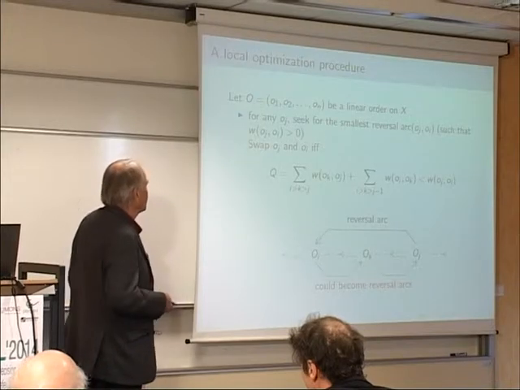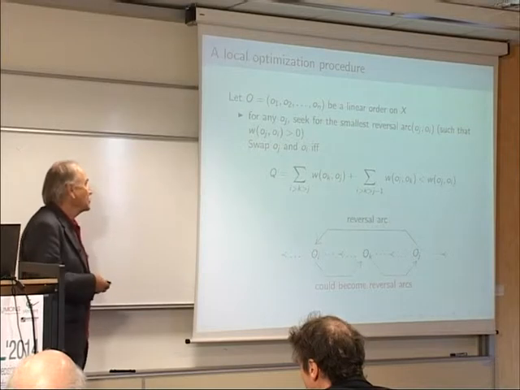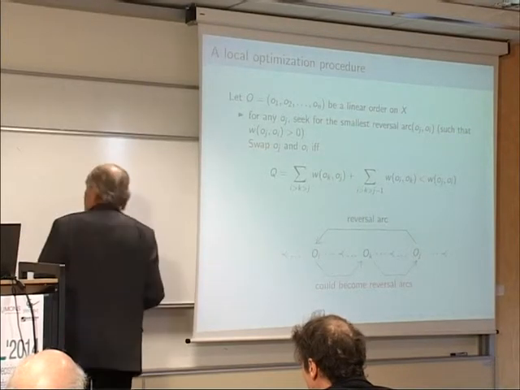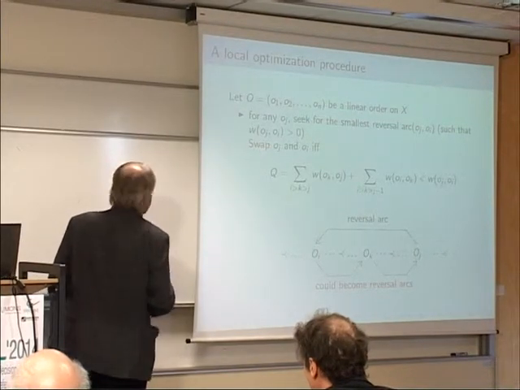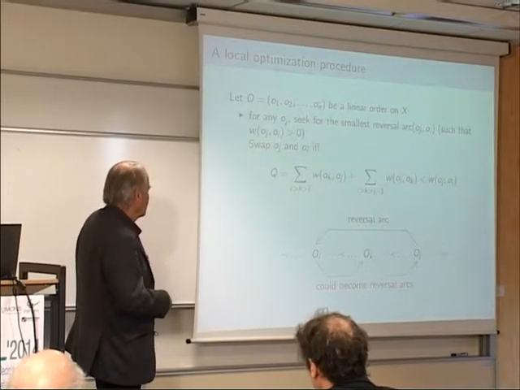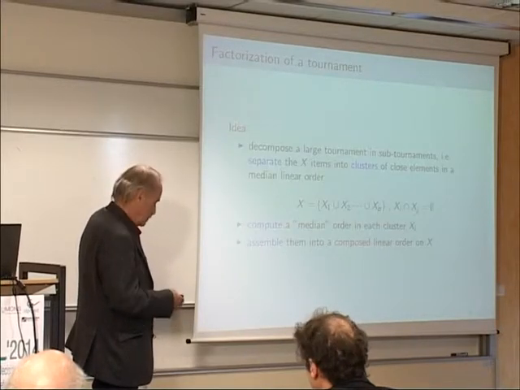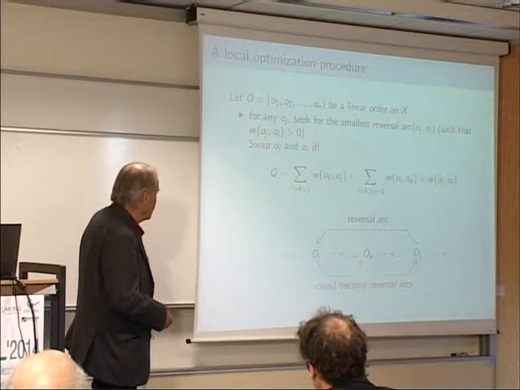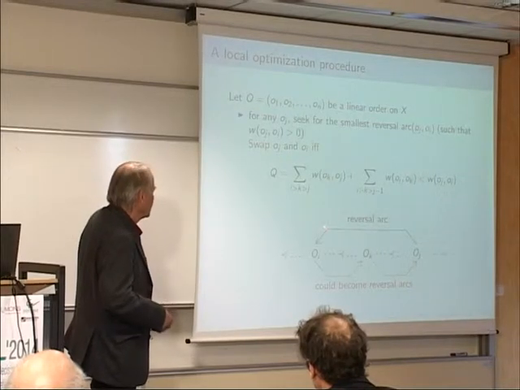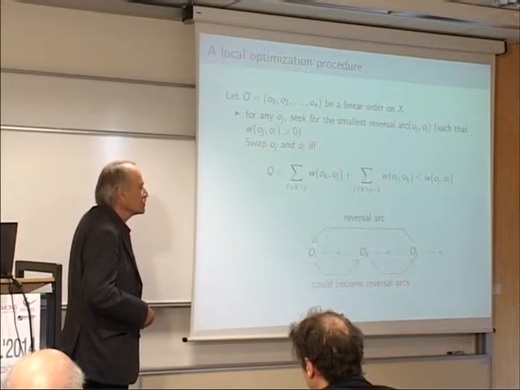And then there is also a local optimization procedure. I will detail it just a little because I think it's original. When you have an order, you can look for any element which has a small reversal arc.